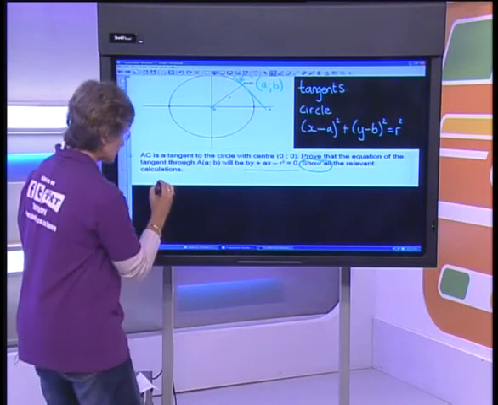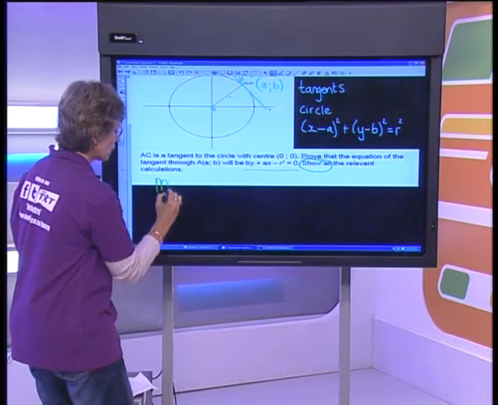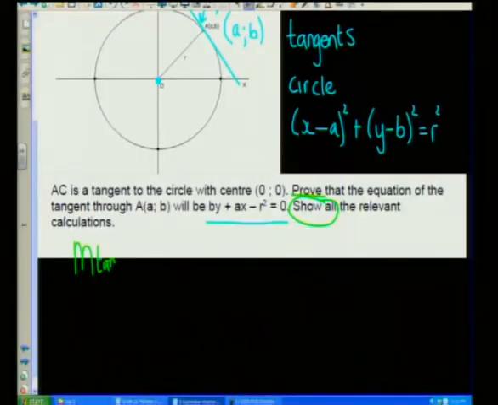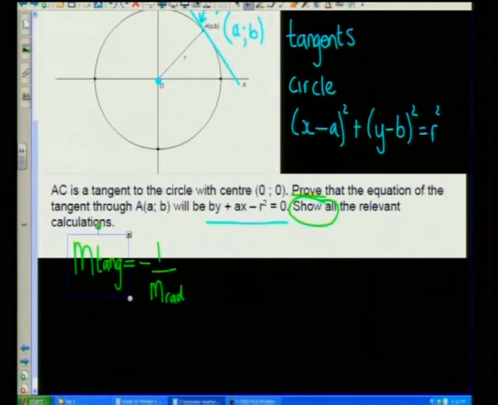We've got a tangent, so we know that the gradient of a tangent is equal to the negative upside down of the gradient of the radius. So in other words, when you multiply their two gradients, the answer must be -1.